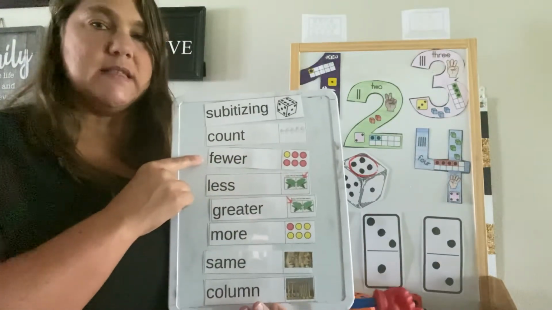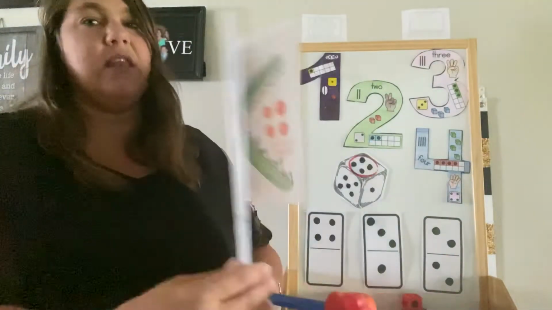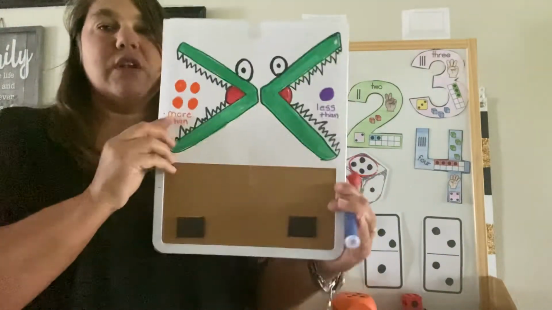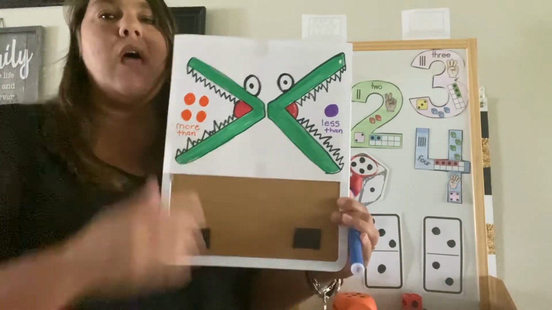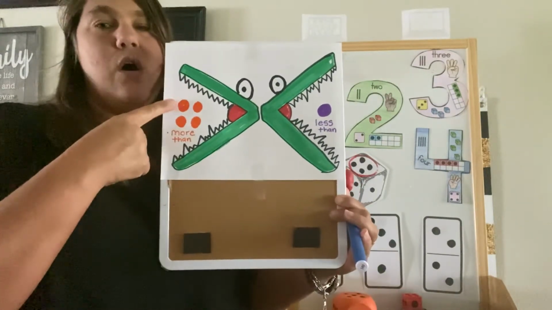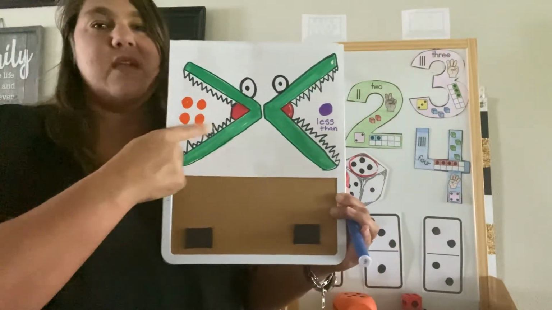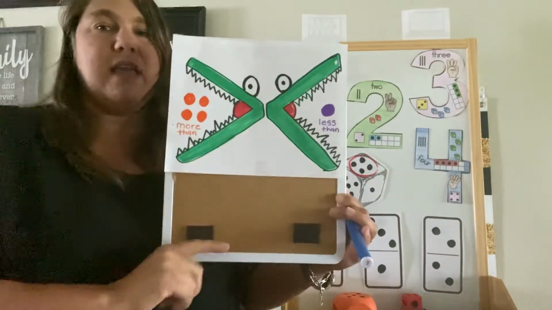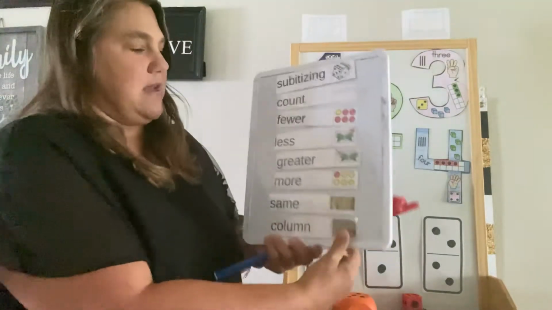Fewer means less. And then the word less, when you get to kindergarten and first grade, you're going to learn all about this cool alligator who loves to eat, and he always eats the bigger set. So this is greater than, and this is less than. But you'll learn that when you get to kindergarten and first grade.